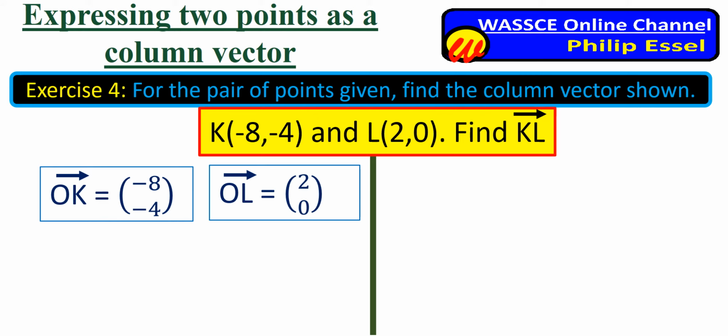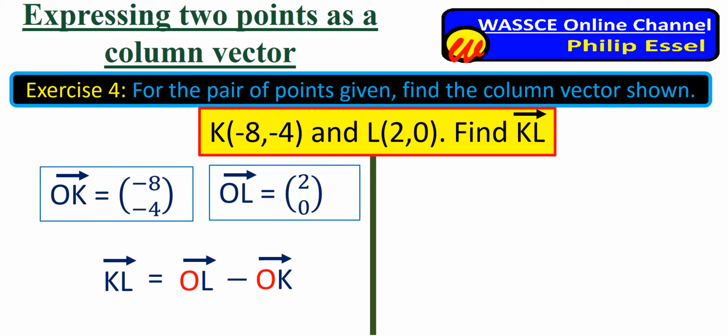We would then resolve the vector KL into its component position vectors. And when we do this, we would get the vector KL equal to the position vector OL minus the position vector OK.